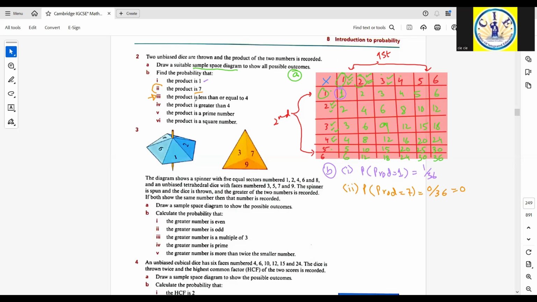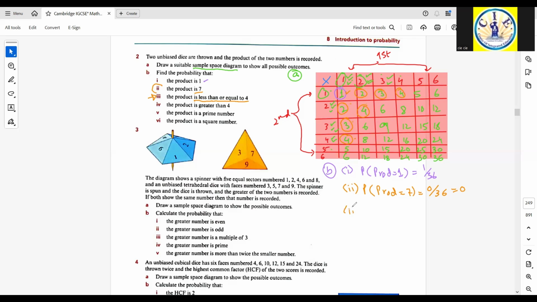Okay, now the third part. The product is less than or equal to 4. 1, 2, 3. 3 times it is 4. Then for less than 4, 3, 2, and then 1. So how many are these? 1, 2, 3, 4, 5, 6, 7, 8.